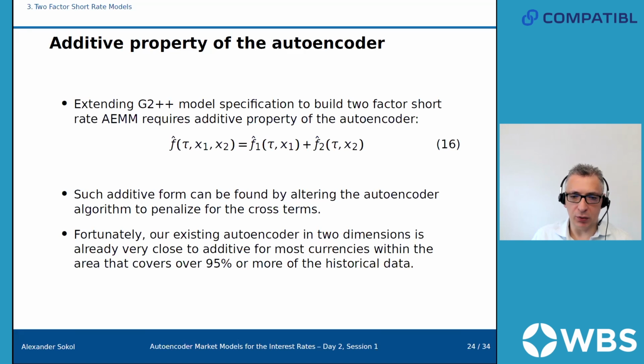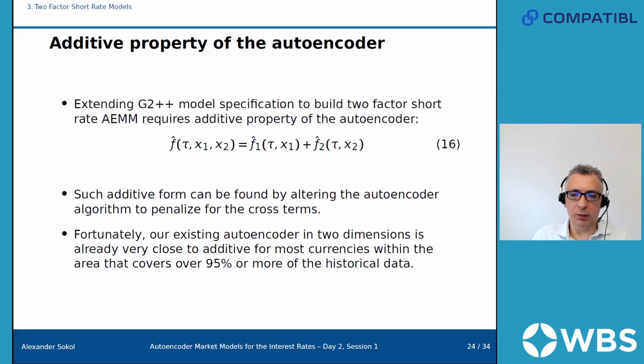It's only violated by cross terms, and we can specifically target this form of encoded curve by penalizing for cross terms. But fortunately, the existing autoencoder in 2 dimensions that we have is already pretty close to this. Yesterday we were looking at the difference between going along the diagonal of the ellipse versus going along the major and minor axis.